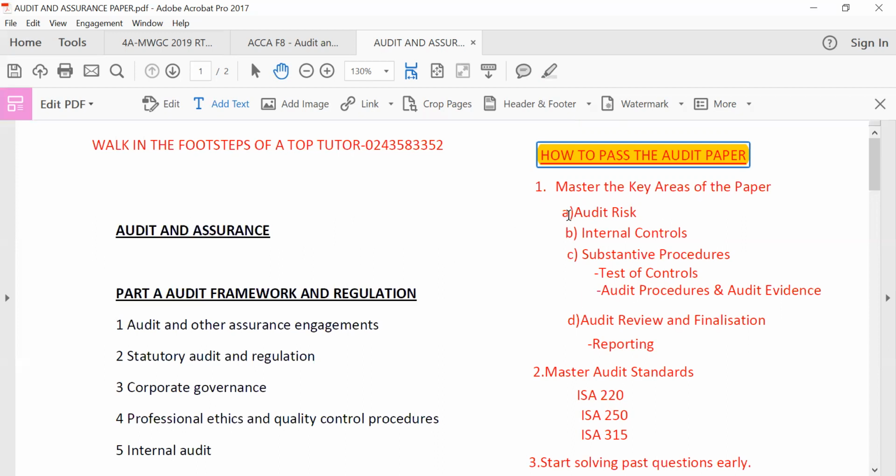So the first item was how to pass the paper, whatever paper you are writing, be it financial management, tax, financial reporting, whatever, you need to pay attention. Sit down and ask yourself the question, how do I pass this tax paper? How do I pass this financial management paper?